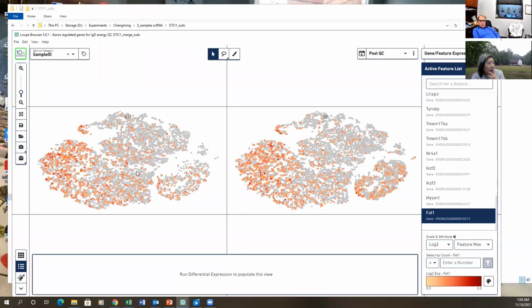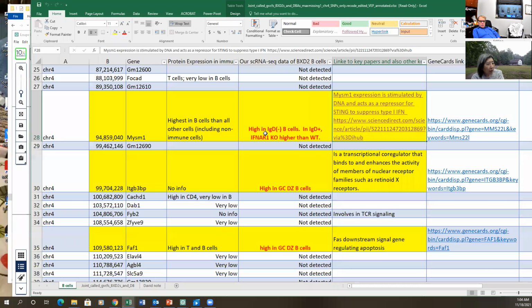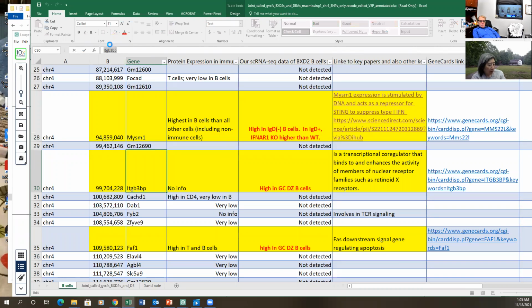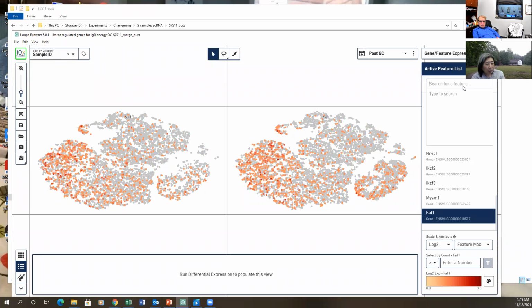And you see it right there. Yes, dark zone. It's very unique for germinal center. And overall, some of the genes are germinal center dark zone specific that we did not know. For example, this ITGB3 is germinal center dark zone specific as well.